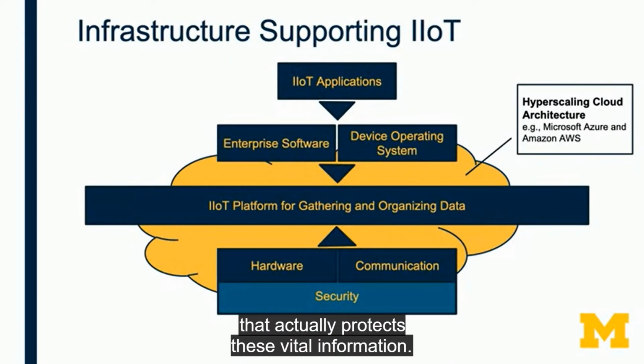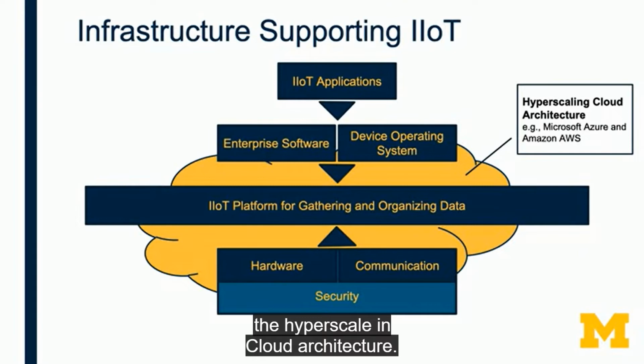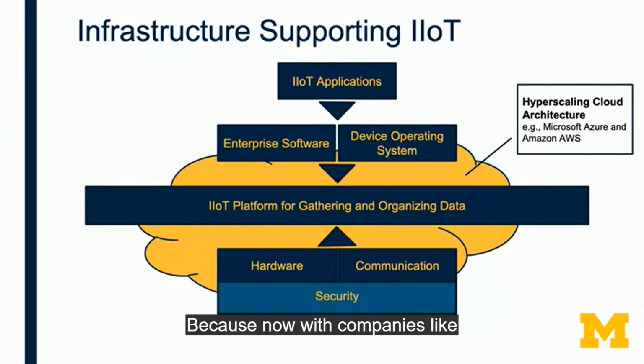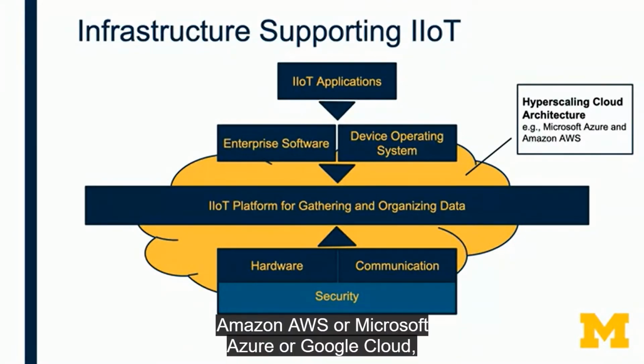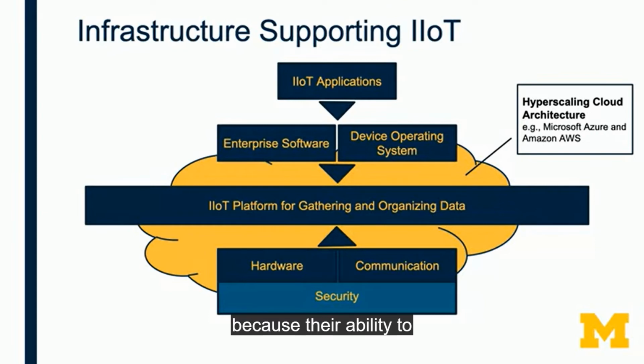And of course, more recently, the entire IIoT platform has been moved to hyperscaling cloud architecture, because companies like Amazon AWS, Microsoft Azure or Google Cloud all offer what is called hyperscaling, because their ability to scale is enormous.